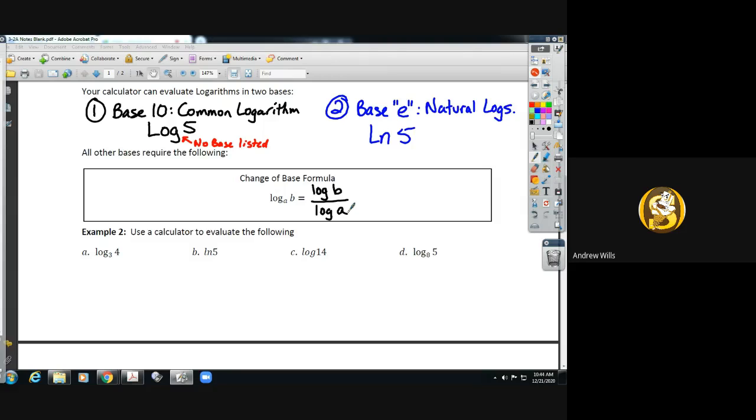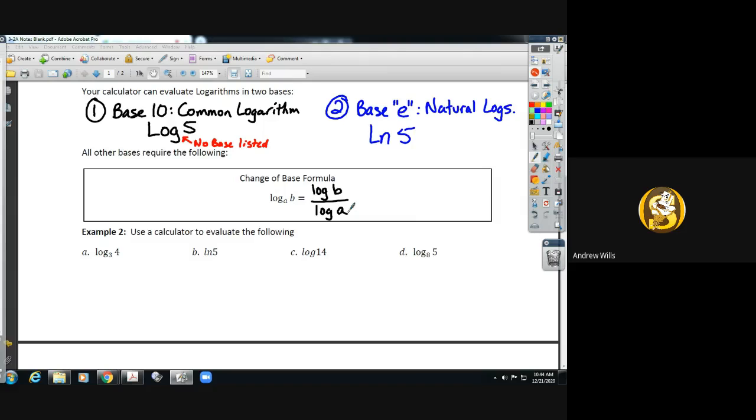So we take whatever base it's in and we can convert it into base 10 by using this change of base formula. Okay, now we won't always have to do that. If it's already in base 10 or base e, natural log, we can just type it in the calculator and get our value out.